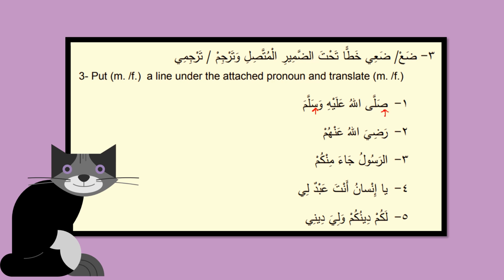Salla means to pray, and sallam means peace, sallama. So sallallahu alayhi wasallam. And where is our attached pronoun? With the harf jar, it's ala plus he, alayhi. This is our pronoun. So it will be translated as, may Allah pray upon him and salute him. Prayers of Allah means blessings and mercy.